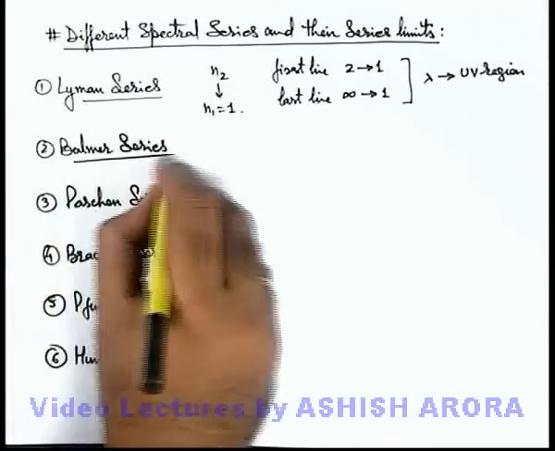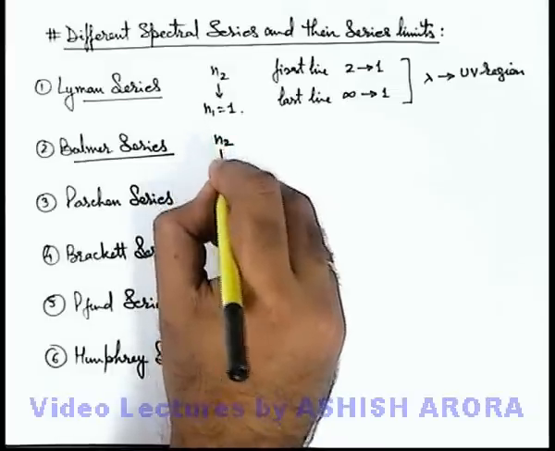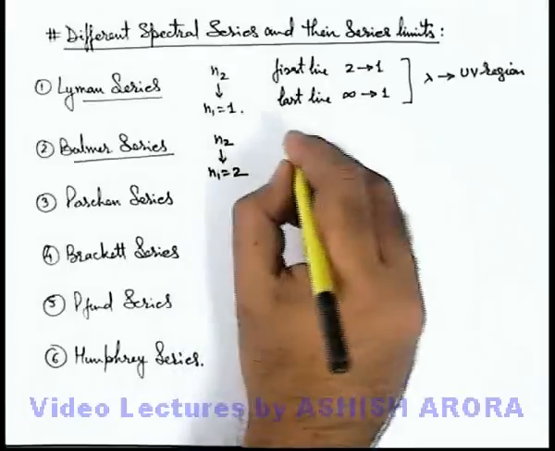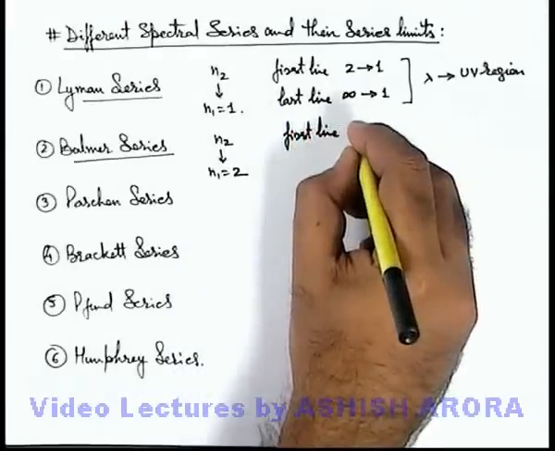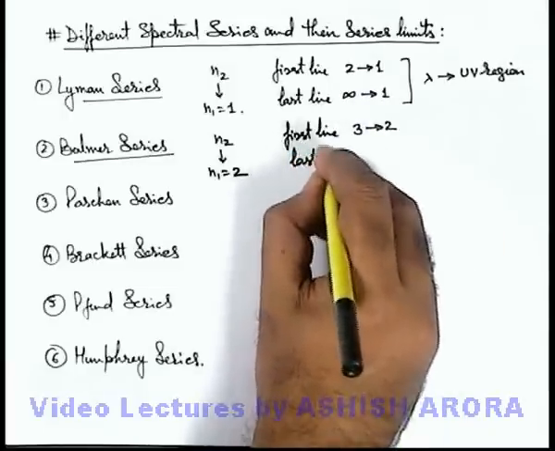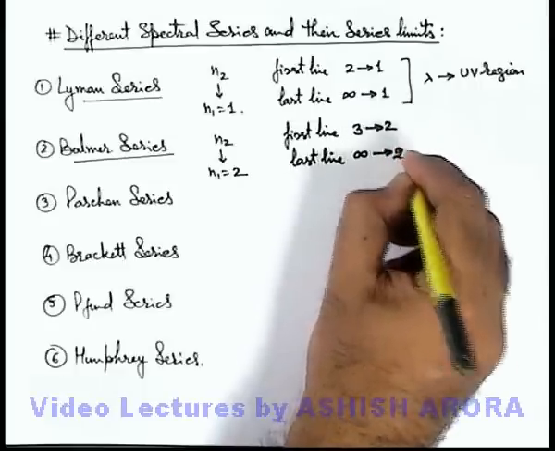Now similar to this, the Balmer series corresponds to transition from higher orbit n2 to n1 equals 2. Here the first line of the Balmer series corresponds to transition from 3 to 2, and the last line corresponds to transition from infinity to 2.